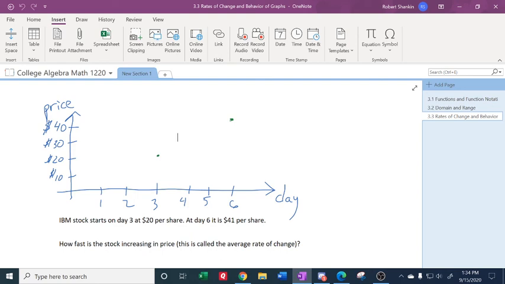Discuss it in your group, and I'll call on a group in just a little bit. 30 seconds more.